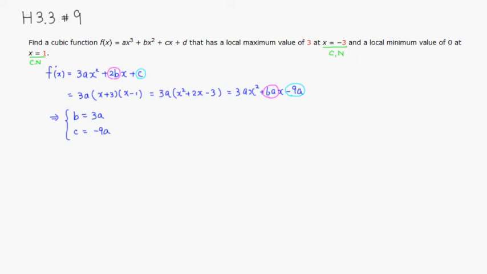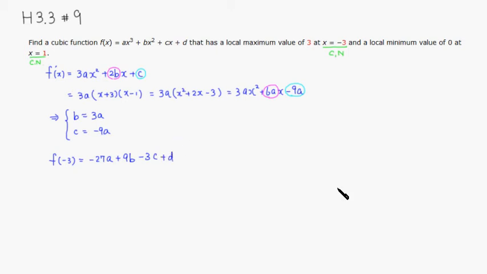So let's plug it in. f of -3 is equal to a times -3 cubed, which is -27a, and then -3 squared gives 9b, plus 9b, and minus 3c plus d.